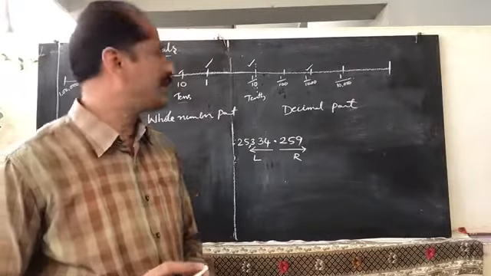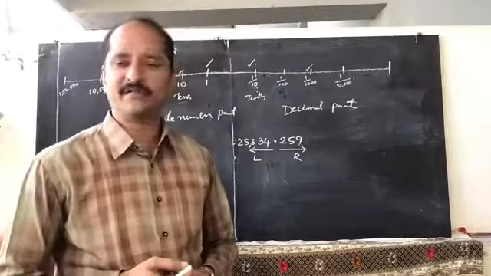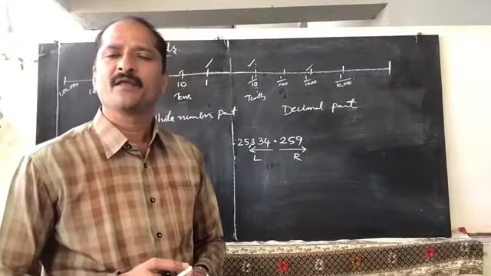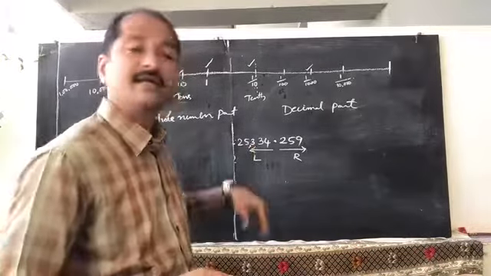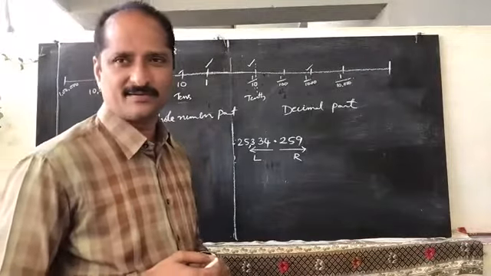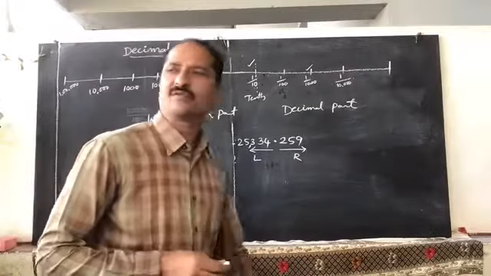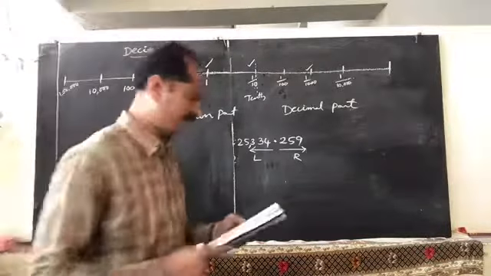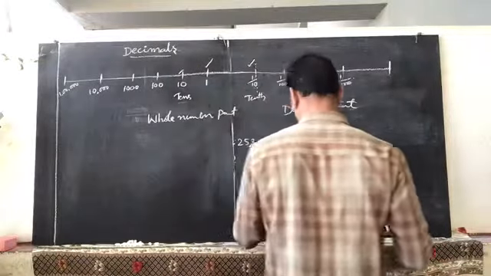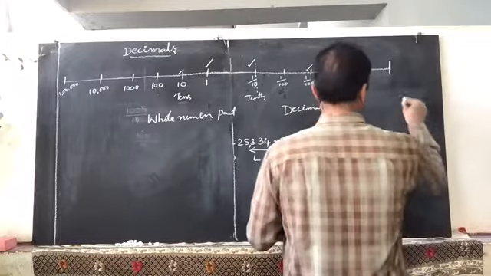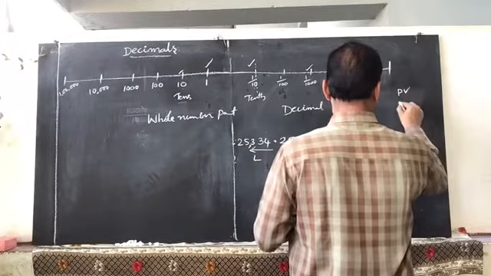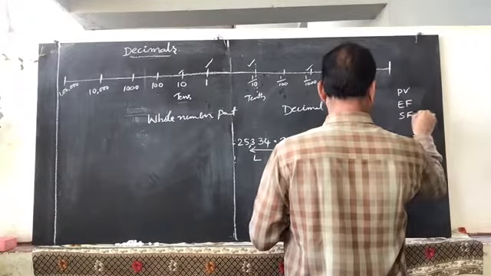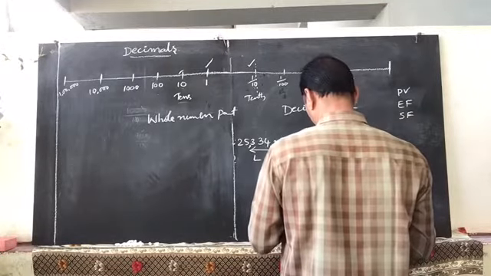Now how do we know the place values of a decimal? After place value we can find out the expanded form of decimals also. Now see what we can learn in this class: decimal part, whole number part, place value of decimals, then expanded form, short form, number name.